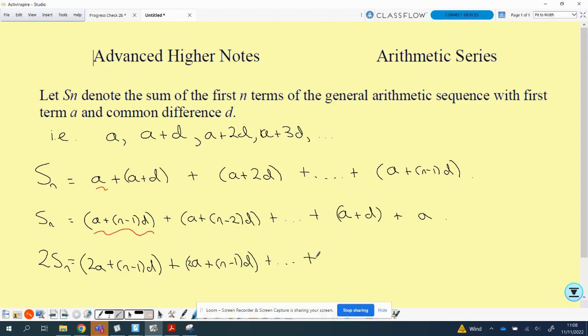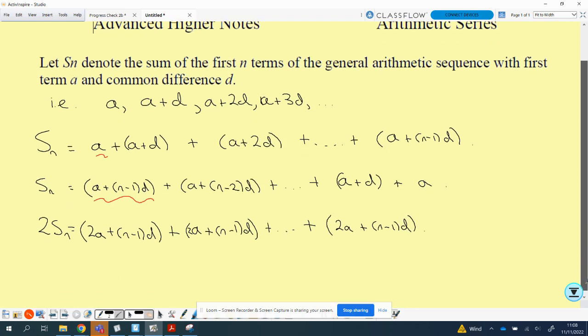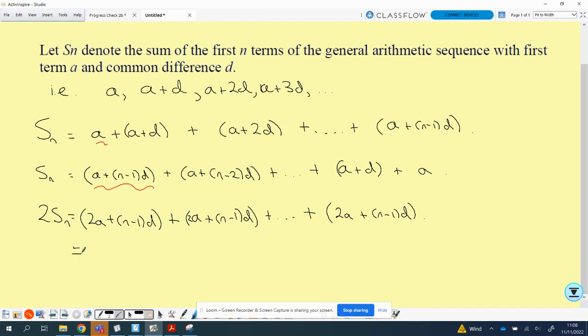And what you should see is that even if I go down to the very last terms, all the terms would be 2a plus (n minus 1)d. So if I've done it for n terms, that means two lots of the sum would be n times (2a plus (n minus 1)d).